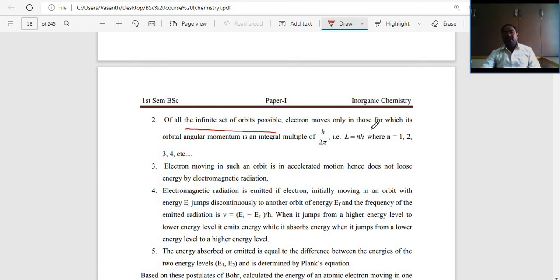the electron moves only in those for which its orbital angular momentum is an integral multiple of h by 2 pi. An electron moving in such an orbit is in accelerated motion but does not lose energy by electromagnetic radiation.